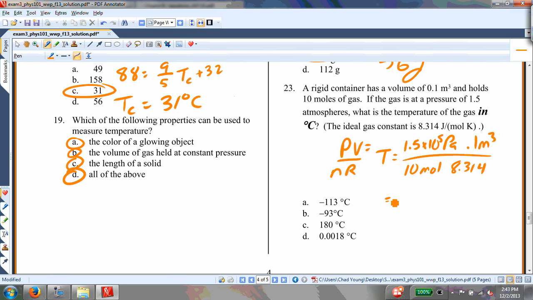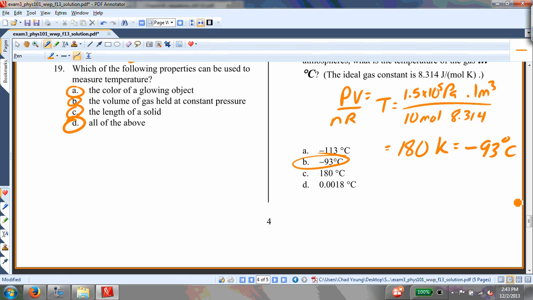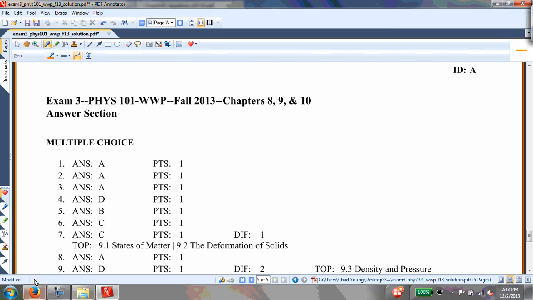Calculate that. We get 180. But that's in Kelvin. All right, so we have to convert that into centigrade, which will give us minus 93 degrees Celsius. That's the one.